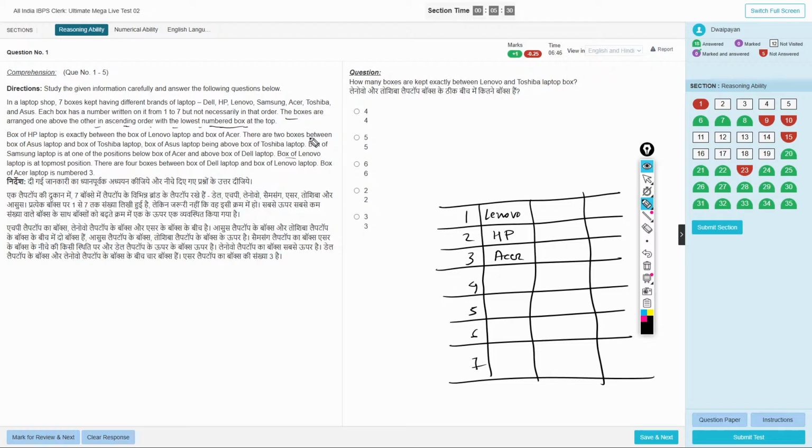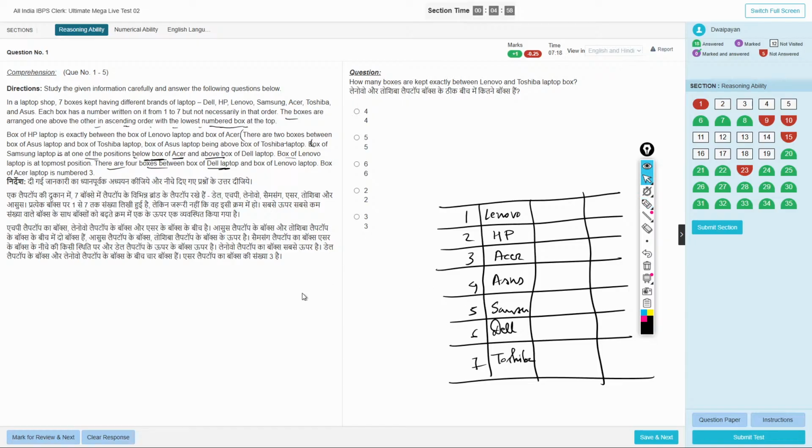Now they said 2 boxes between Asus and Toshiba. Box of Samsung is at one position below the box Acer and above Dell. Samsung. Lenovo. Okay, there are 4 boxes between Dell and Lenovo.